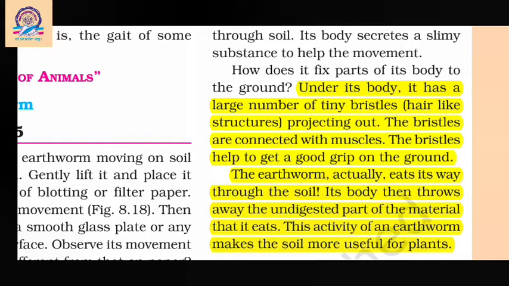The activity of throwing away undigested food in the soil helps the growth of plants, and that is why earthworms are known as friends of the farmer. Why? Because whenever it throws undigested food, it acts as a fertilizer, and that helps in the growth of the plant, and that is why they are the friend of the farmer. Is it clear, bacha party?